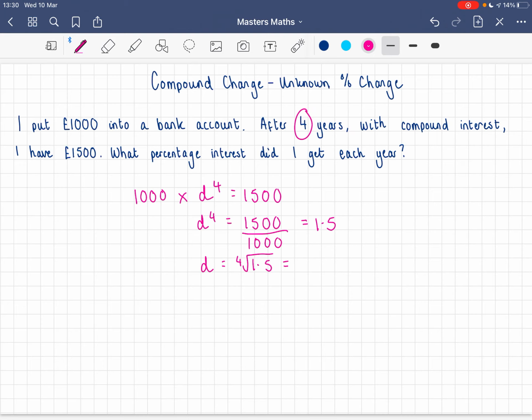So I put 4, root 1.5, which gives me 1.0668, etc. And because it doesn't ask for a decimal place, I'm going to put 3 decimal places.